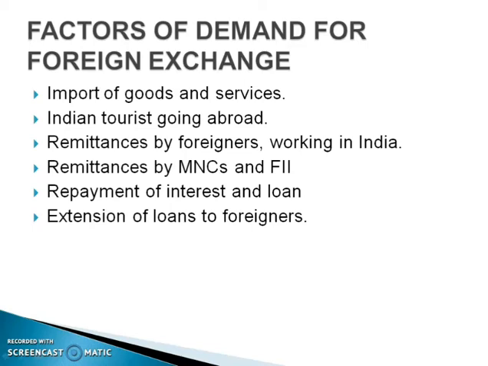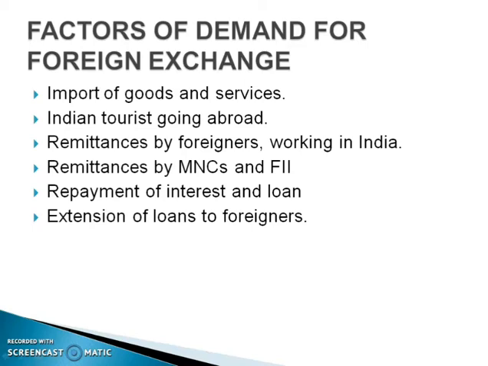So, demand will increase. Then the third one, remittance by foreigners working in India. These foreign workers earn their income in India. To send this money back to their family, they would demand foreign exchange. Then the fourth one, remittance by multinationals and FII.